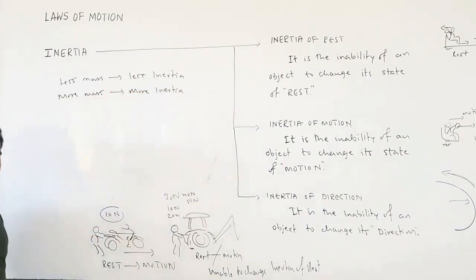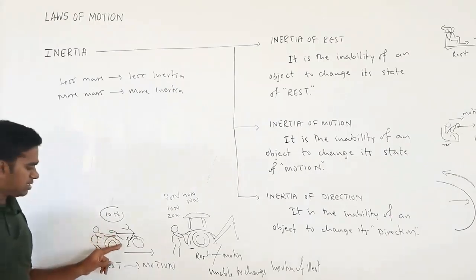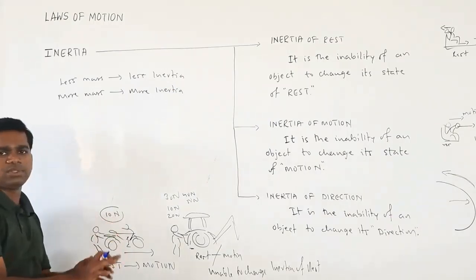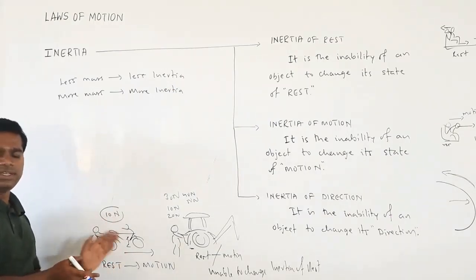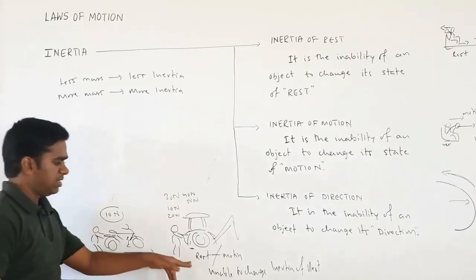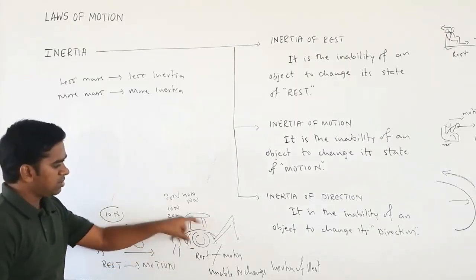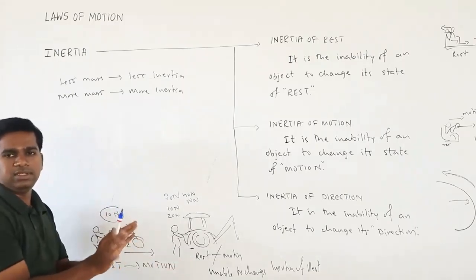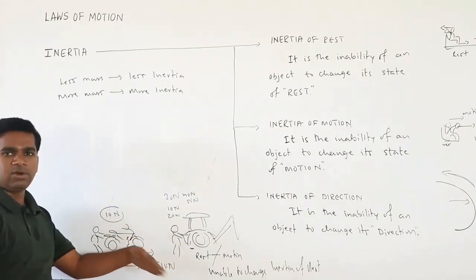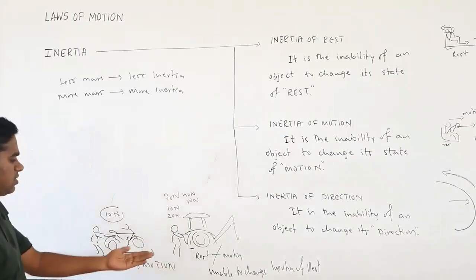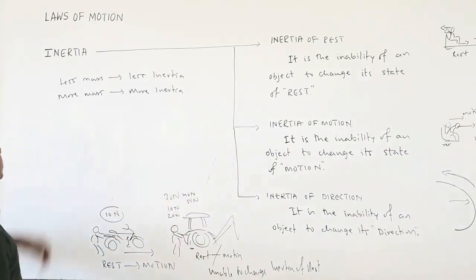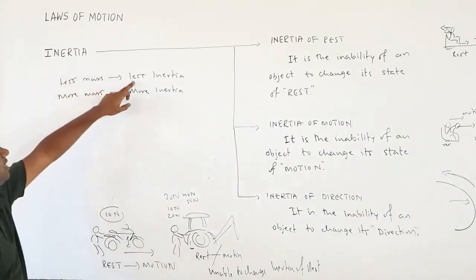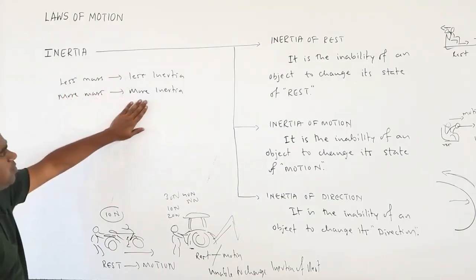Here less mass was there, so you can apply little force. That means inertia was less, so it could suddenly change its state. But here mass is more, so inertia is more, and you cannot easily change its state of rest to motion. So less mass means less inertia, more mass means more inertia.